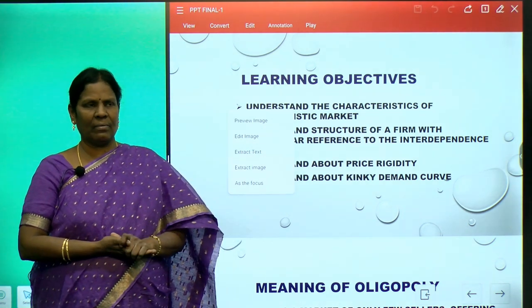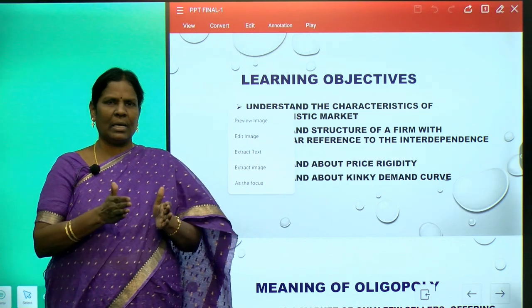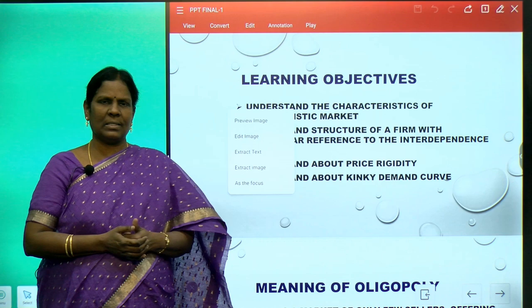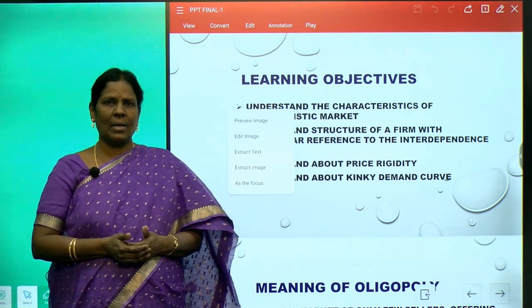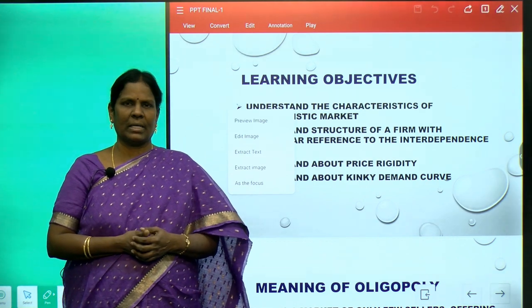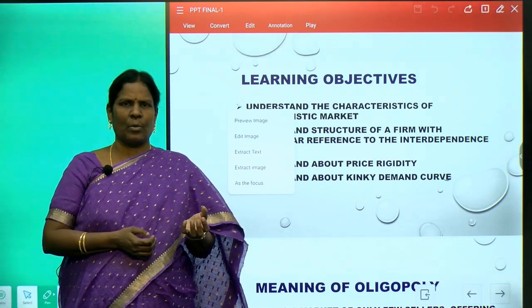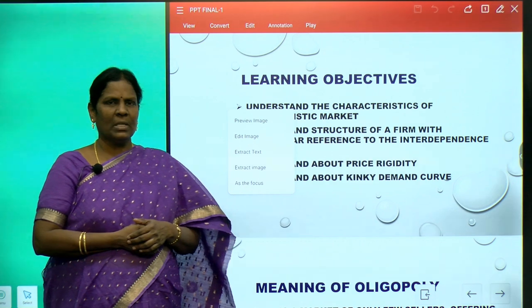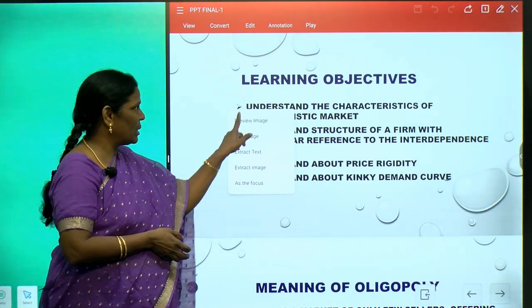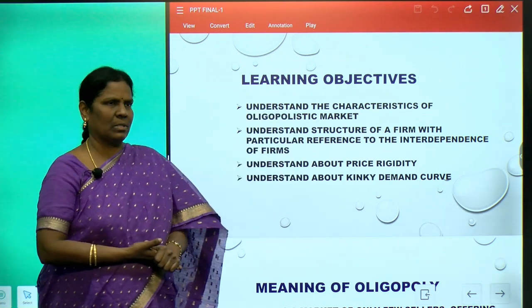Once again, today we learn the concept of the kinky demand curve. You know very well this is an important concept under theories of price determination, or theories of markets, an important topic in microeconomics. So what is the advantage of this concept, which is nothing but the learning outcomes.